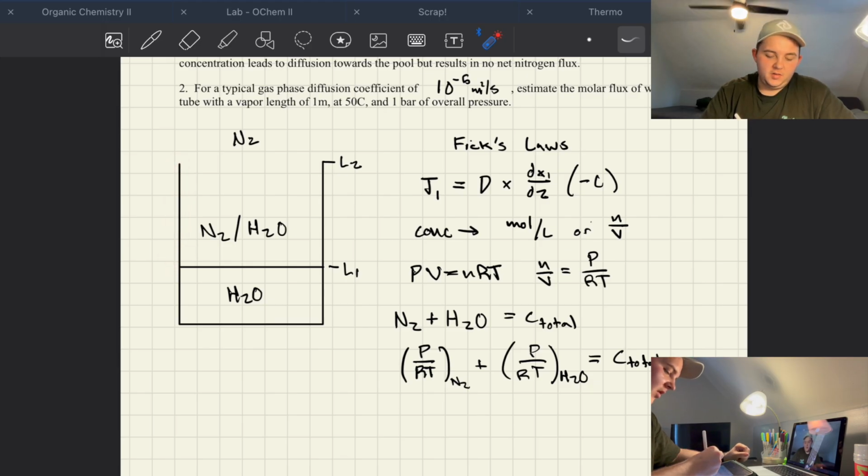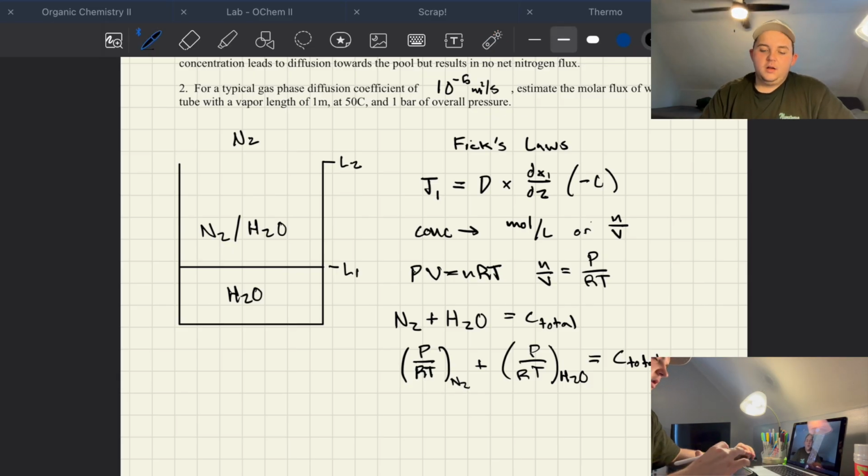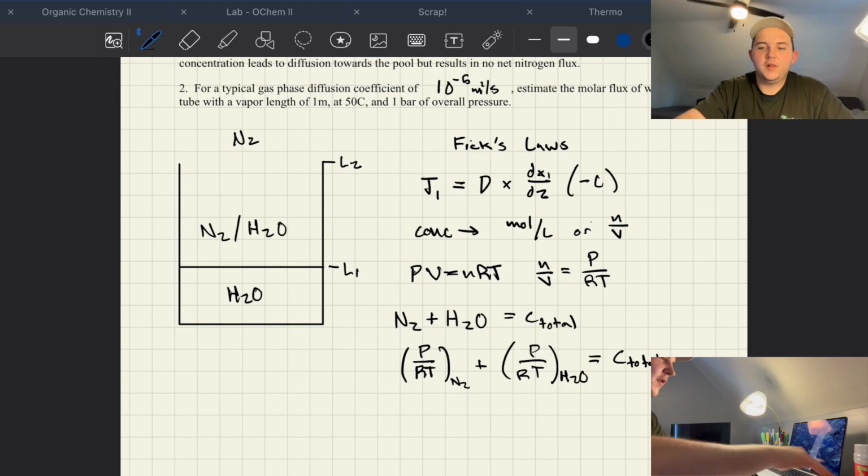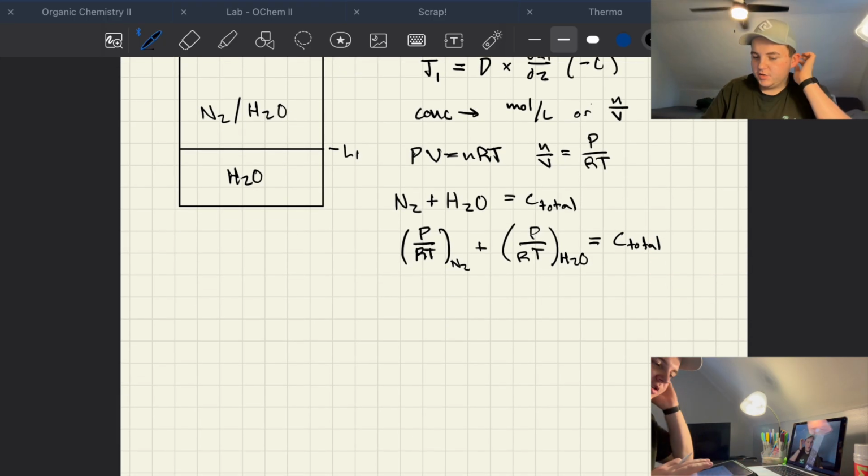As we start from L2 and get close to L1, our nitrogen concentration is getting lower and lower. You would think that would similarly happen with our nitrogen flux, but this isn't necessarily true.